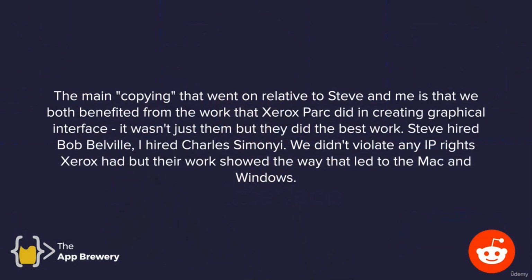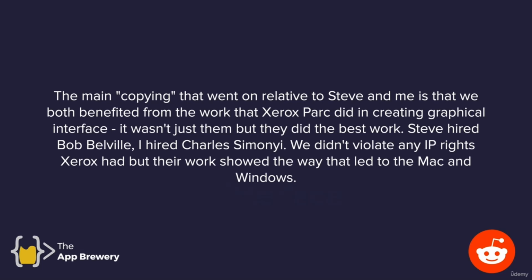And I read on a recent Reddit AMA where somebody asked him this question. He actually responded by saying that the copying wasn't really copying. It was just that they hired some people from another company, Xerox PARC, and it just happened that they were continuing on the work that they were working on before.